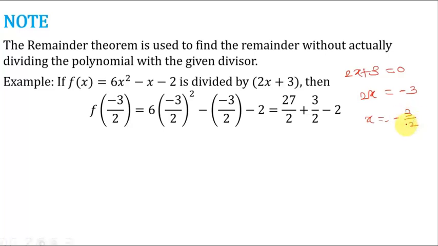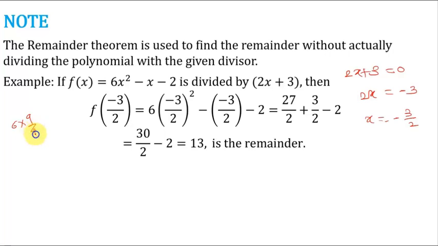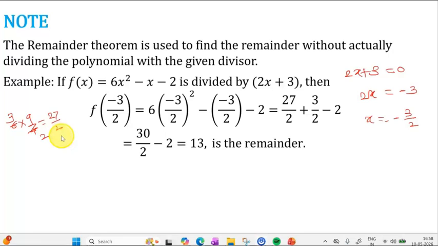Now again replace x by −3/2. Therefore, next is (−3/2)². Means you will get 6 into 9/4. Then after simplification, you will have 27/2.